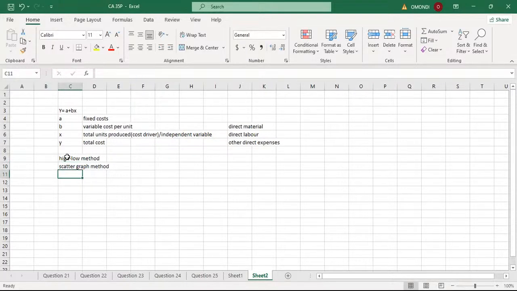We were using account analysis. Remember, all these methods, you are supposed to use them to get y is equal to a plus bx.